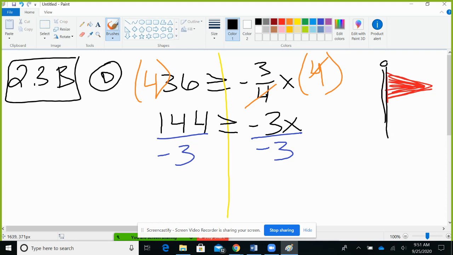This is a red flag. What do I do when I divide by negative 3? Nice. I flip the sign. So my red flag, I flip the sign. So I now have x is greater than or equal to negative 48.